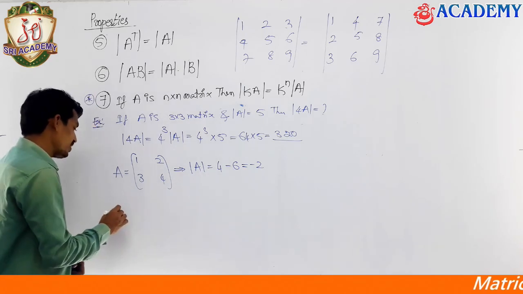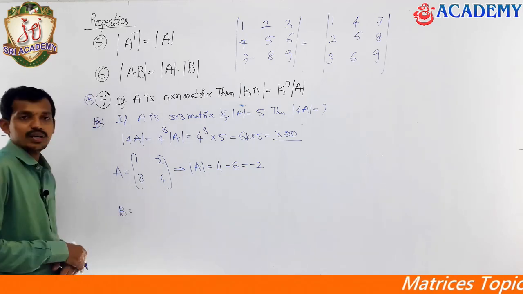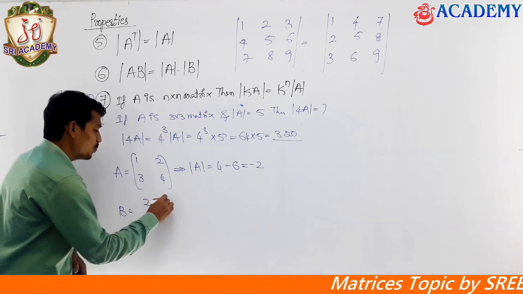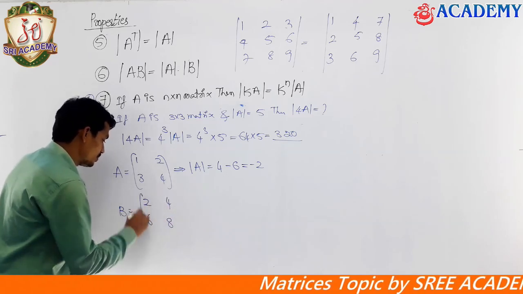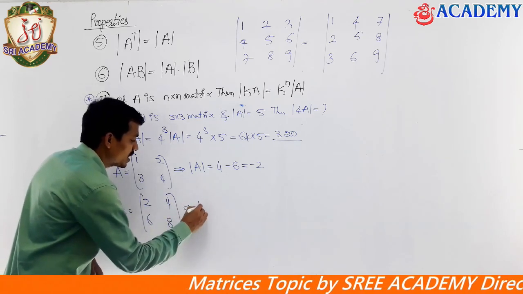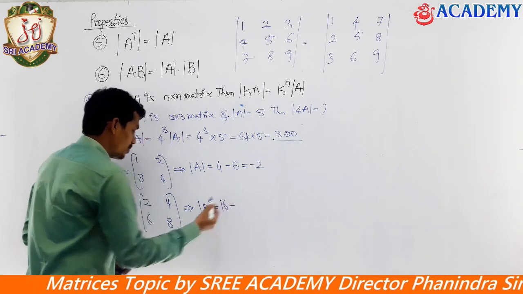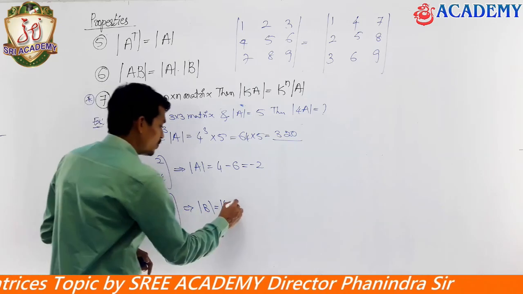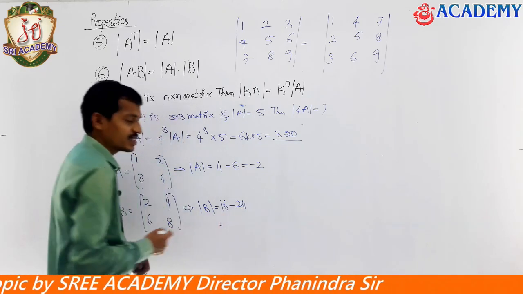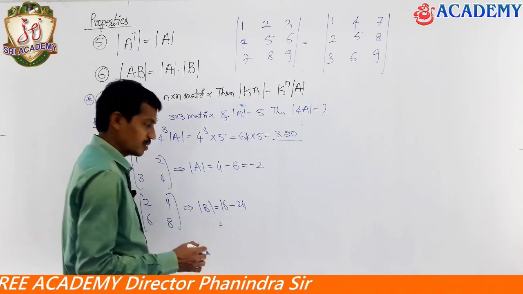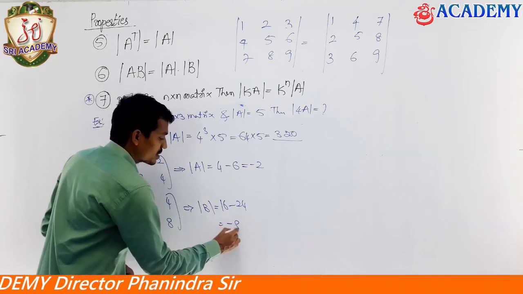Suppose I have one more matrix B, which is 2 4 6 8. What is the determinant of B? That is 16 minus 24, which is minus 8.